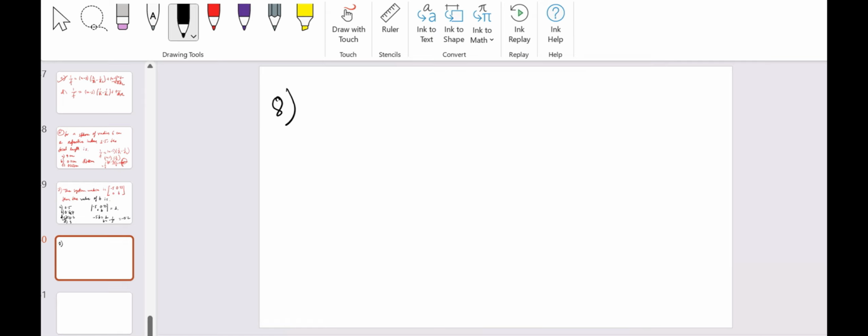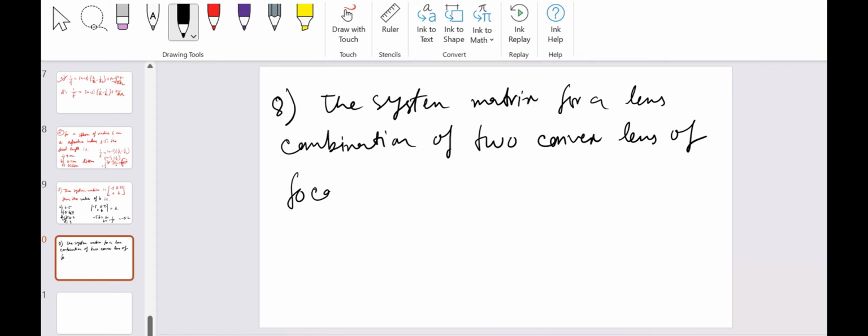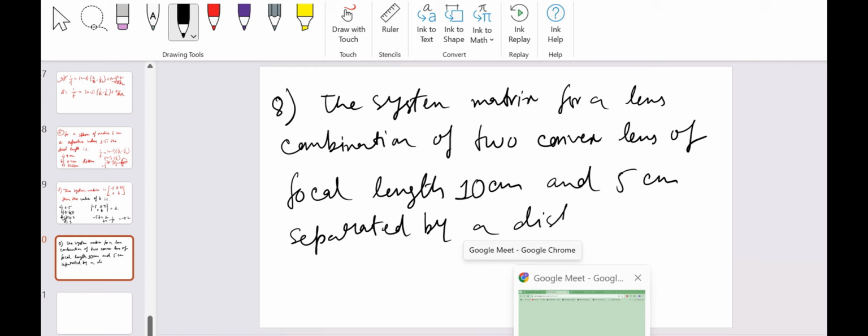Question 8 is the system matrix for a lens combination of two convex lens of focal length 10 centimeter and 5 centimeter separated by a distance 15 centimeter is.